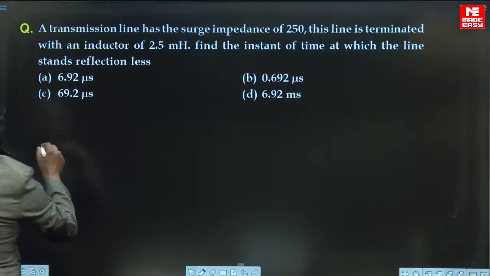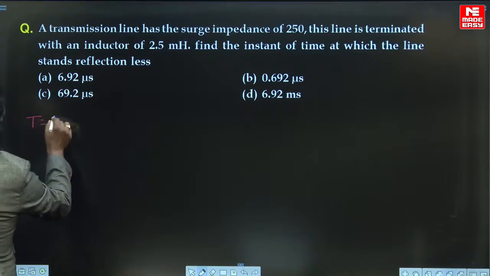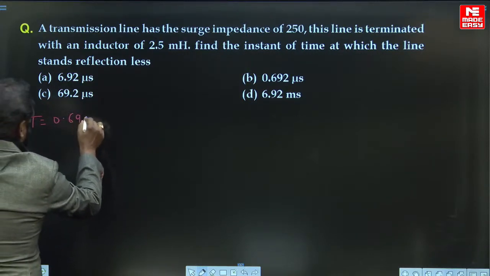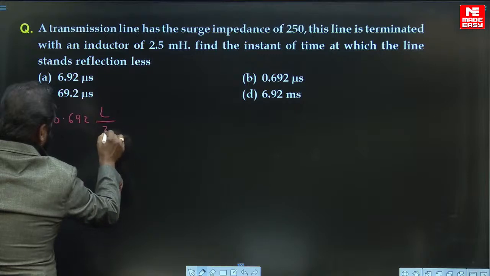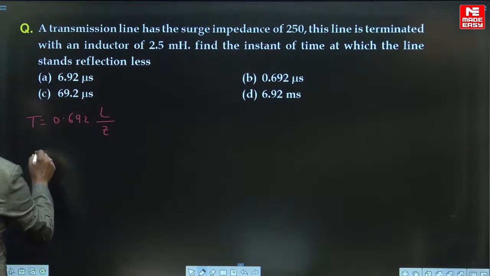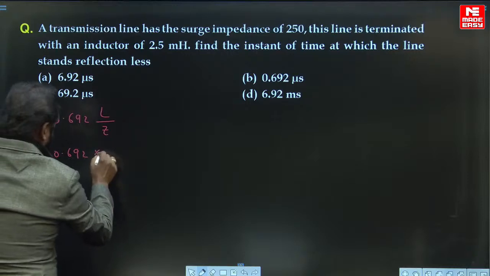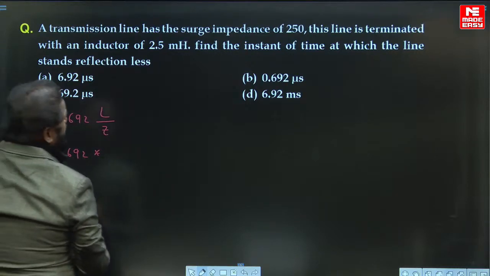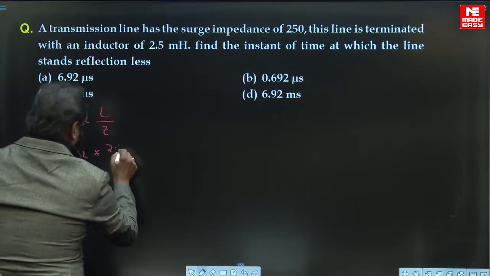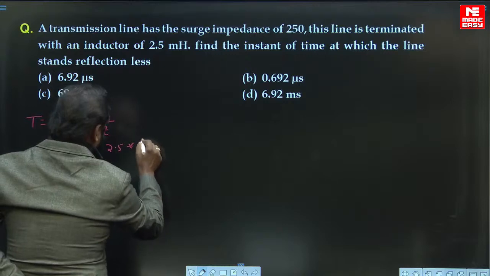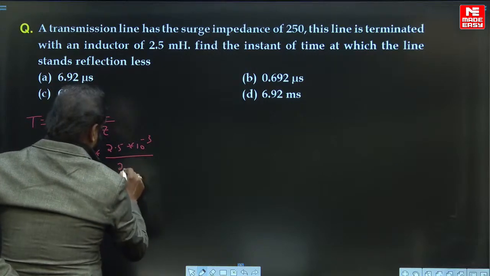the answer for this question, time t is equal to 0.692 into L by Z. L is given as 2.5 into 10 power minus 3 divided by 250.